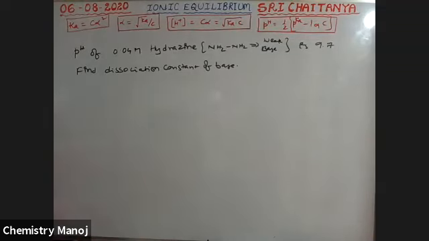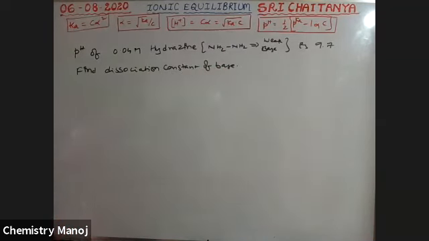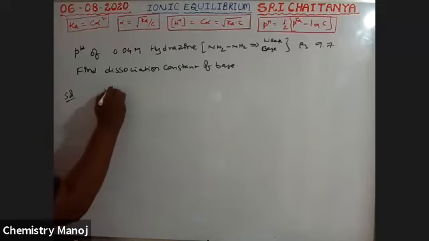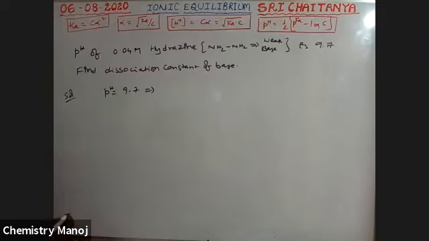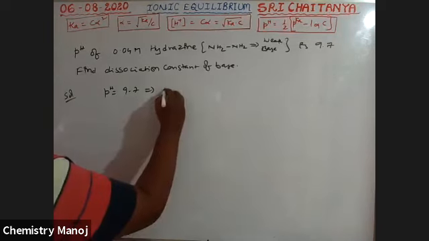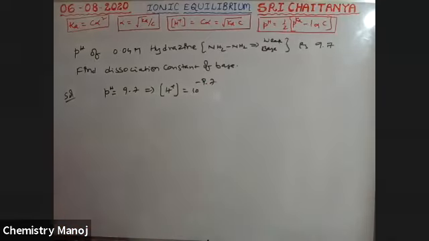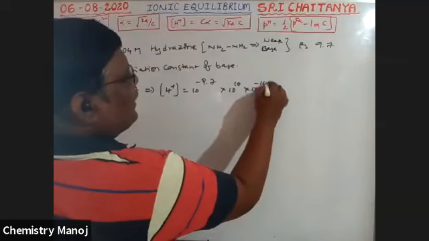So directly, because pH is given to you, and because it is a base, for a base we use pOH, and from that the OH minus concentration. So our solution: pH is equal to 9.7. That implies H plus concentration is equal to 10 power minus 9.7, which is multiplied with 10 power 10 into 10 power minus 10.